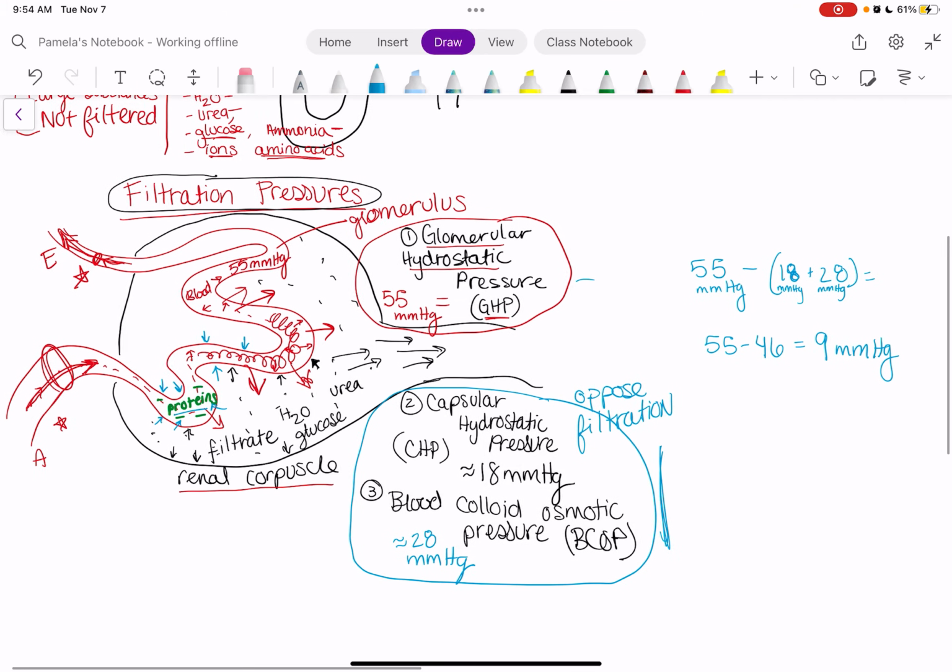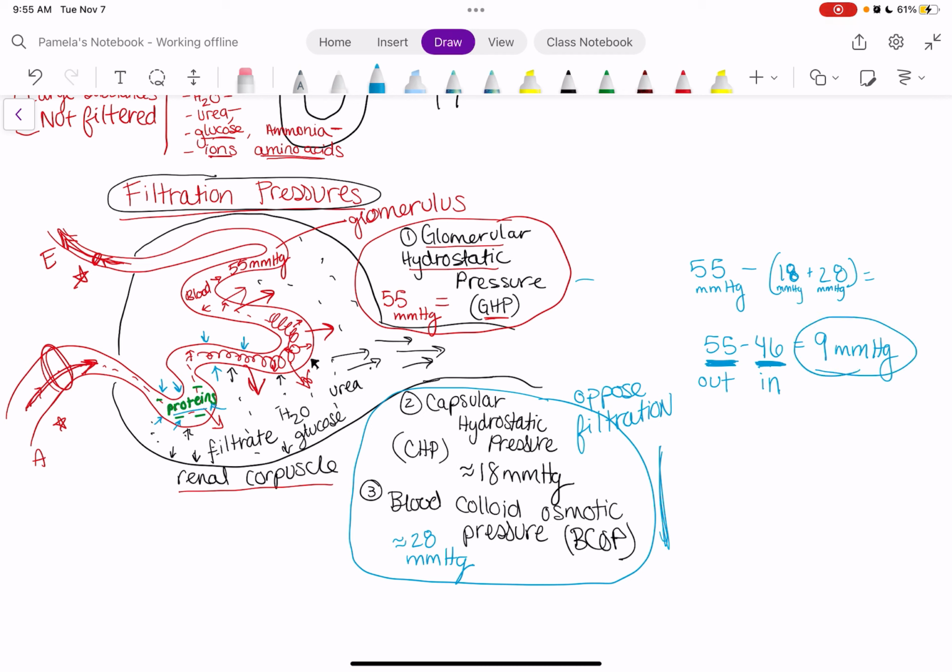We get the point. In the end, we see that filtration wins over reabsorption, or pressure pushing out of the glomerulus wins over pressure pushing back into the glomerulus by a force of 9 millimeters of mercury.